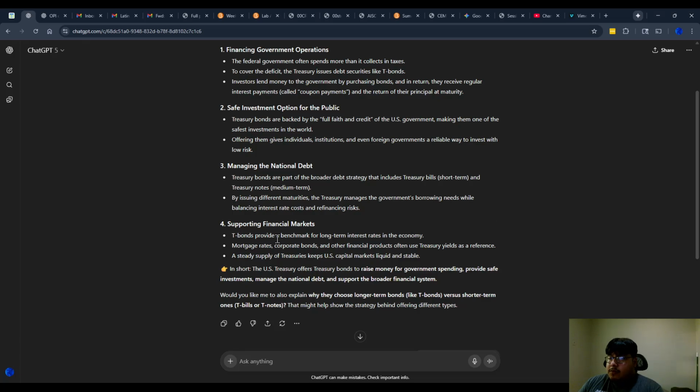And then number four, supporting the financial markets. T-bonds provide a benchmark for long-term investment rates in the economy. Mortgage rates, corporate bonds, and other financial products often use Treasury yields as a reference. So the U.S. offers Treasury bonds to raise money for government spending, provide safe investments, manage the national debt, and support the broader financial system.